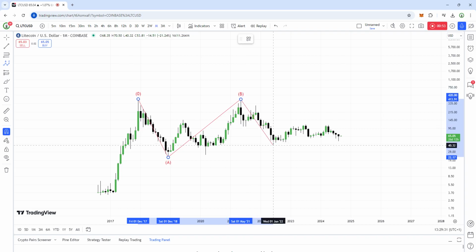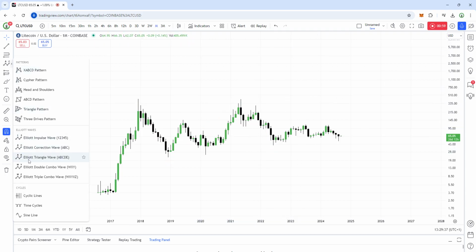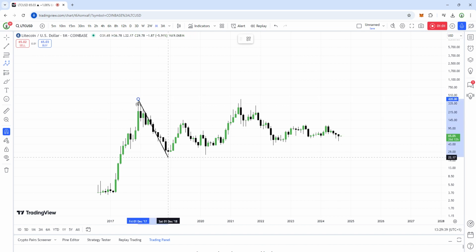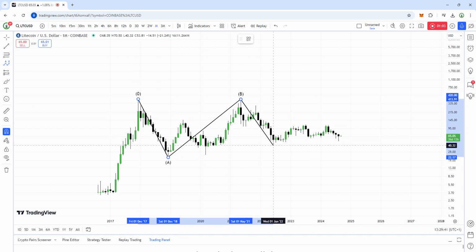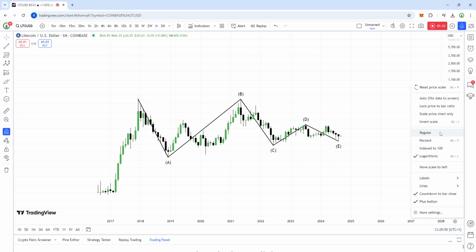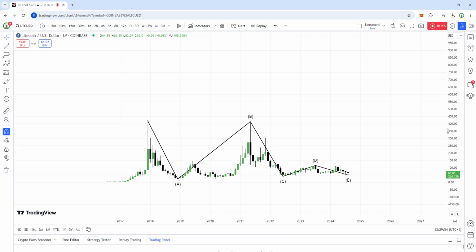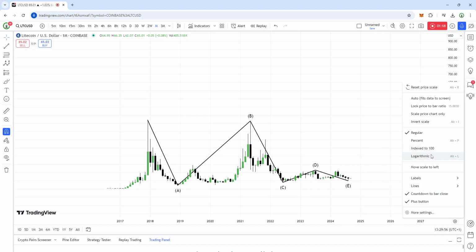So this would be your A, B, C. I think maybe this would be D and E. Let's just see what it looks like on regular. No, I think we'll stick with log.